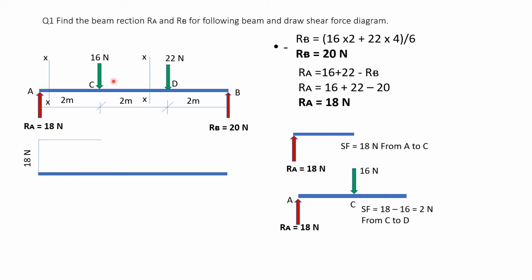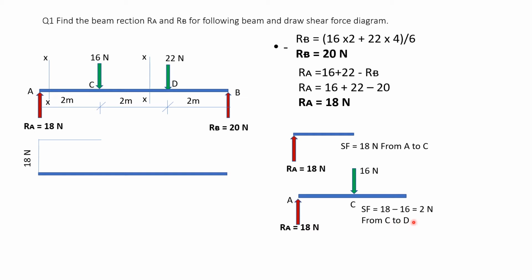Now suppose from C I come just a little to the right, say at 2.5 meter from A, or 3 meter, 3.1, 3.2, up to D. Anywhere between C and D, if I take a section and consider the right hand side, there are two forces, plus 18 and minus 16, and the summation is 2 Newton.